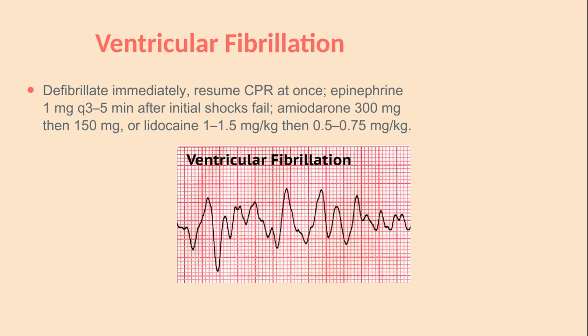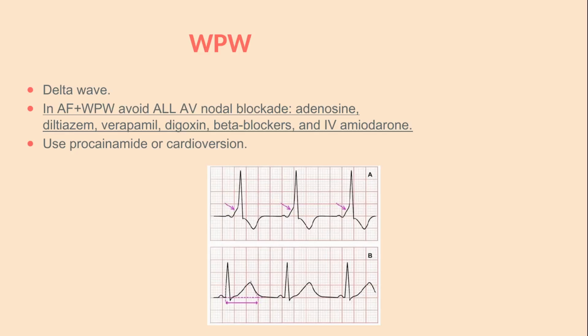When circulation returns, move immediately into post-arrest care and ECG, hemodynamic support, and temperature management in an ICU. The lesson to carry: in ventricular fibrillation, electricity is the treatment, and everything else exists to support it.